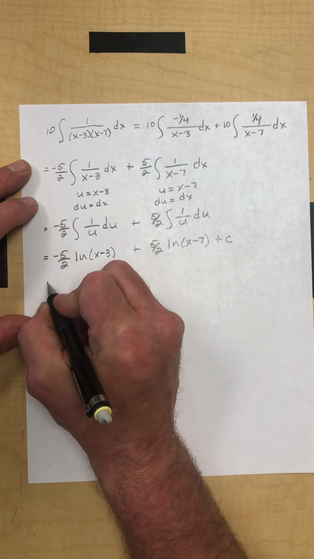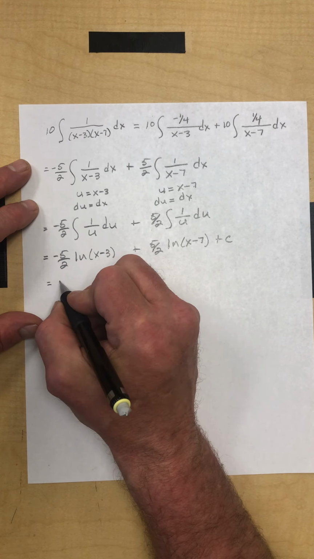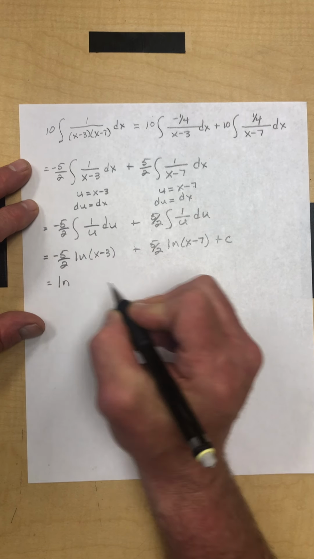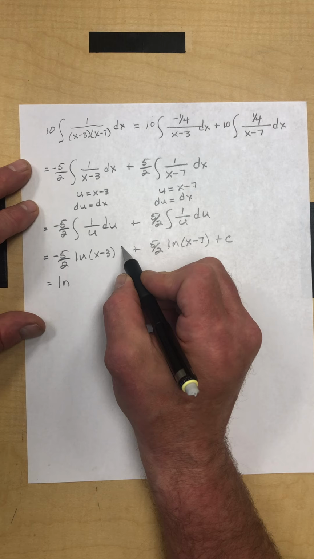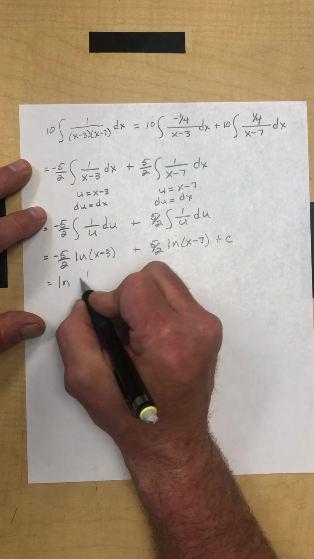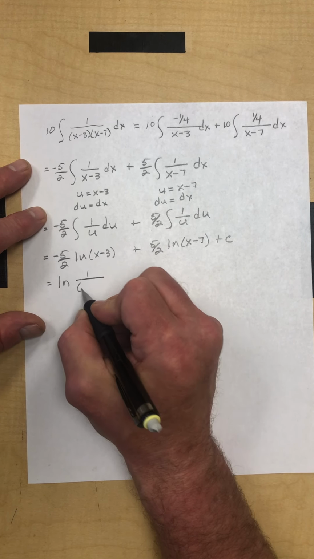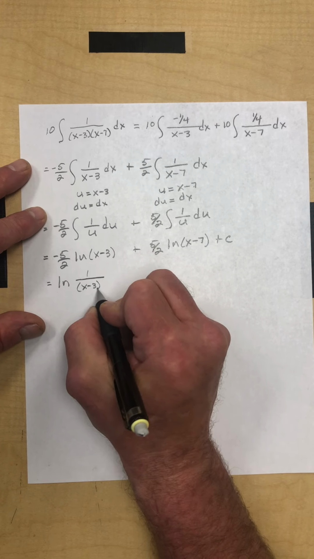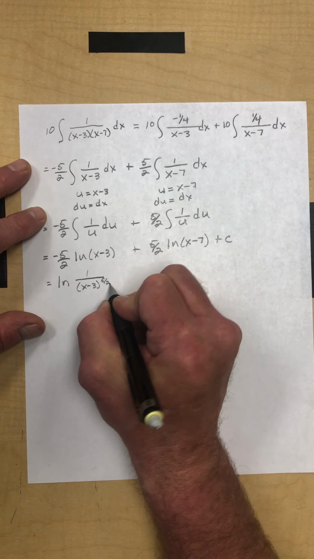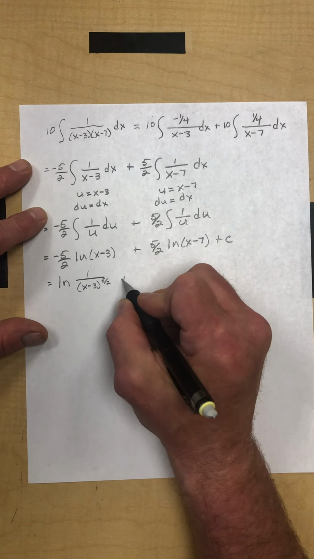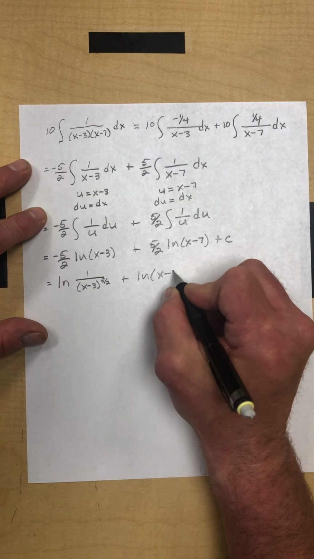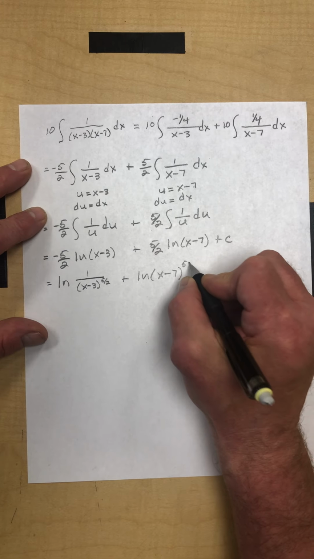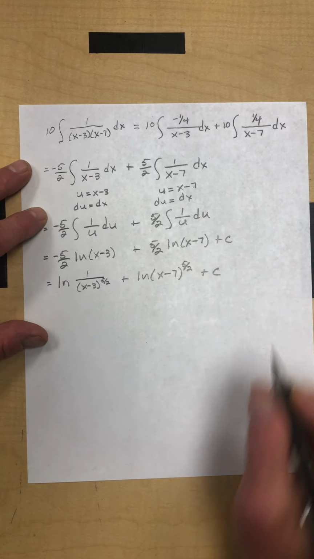This would be the natural log of, taking this guy back, it's negative, so that would be 1 over x minus 3 to the positive 5/2 power, plus bringing this guy, that's natural log of x minus 7 to the 5/2 power plus c.